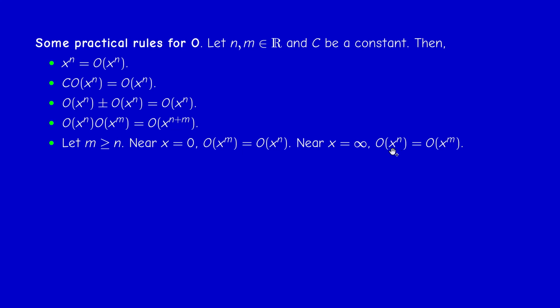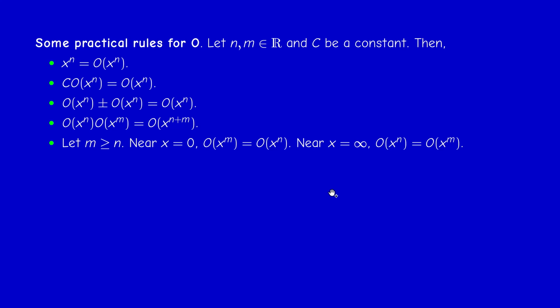At infinity, x cubed is much bigger than x squared, so something that behaves like x squared is less than something behaving like x cubed. Recall that x cubed is less than x squared if x is less than 1, but when x is bigger than 1, we have the reverse relation.